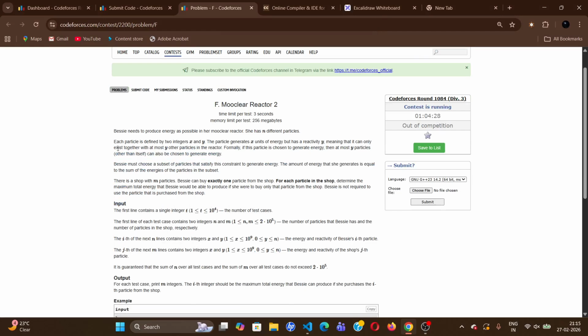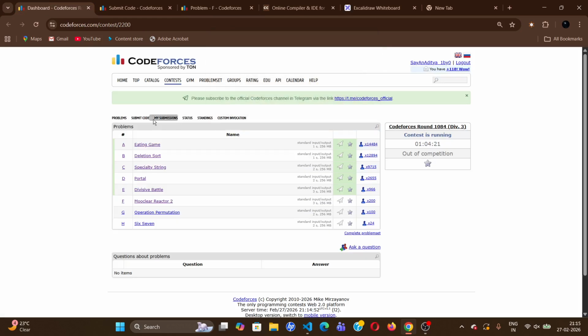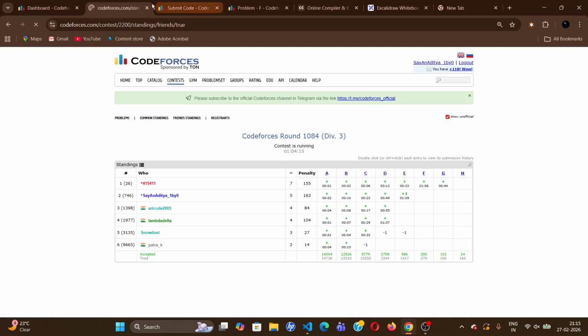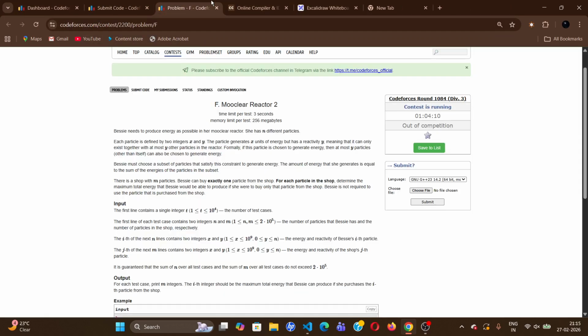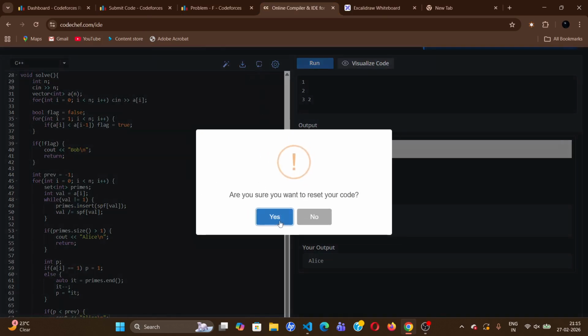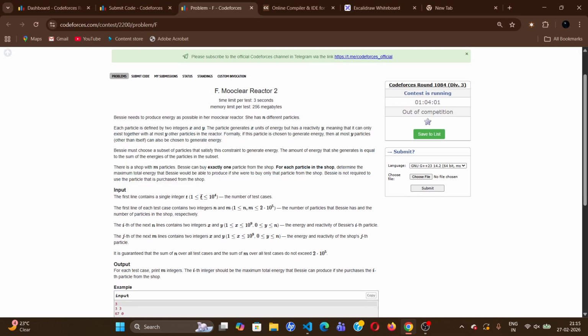Nuclear reactor. Okay. So produce the maximum energy possible in a reactor. C has n independent particles. Each particle is defined by two integers x and y.